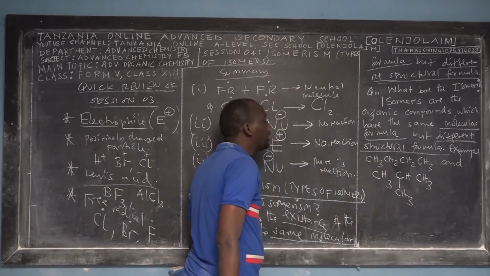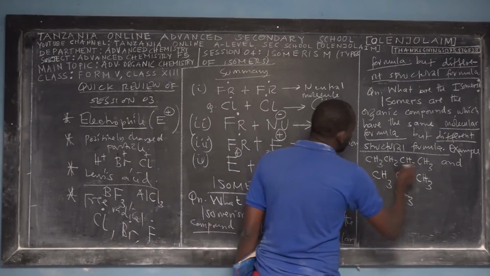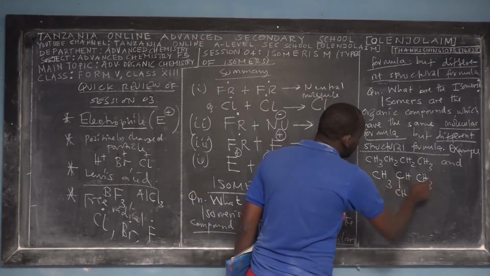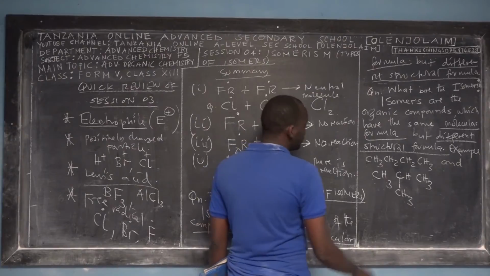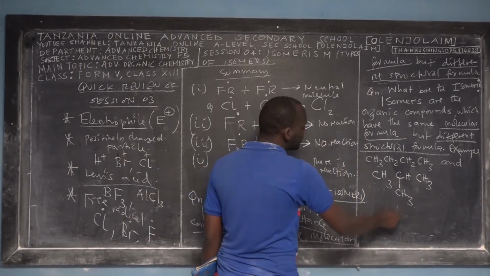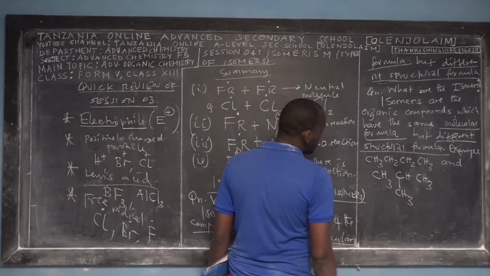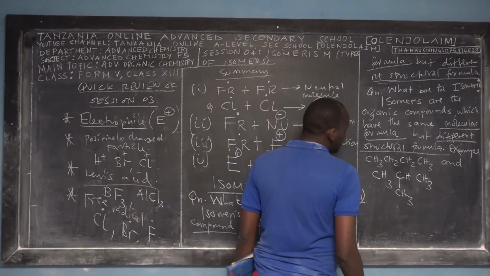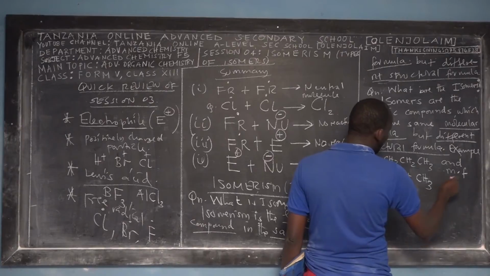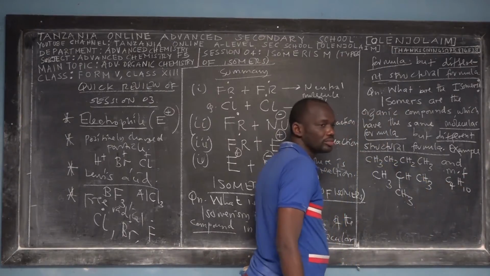Same molecular formula, but different structural formula. Listen, this one is an open chain, while this one has a substituted group. So why do we say it's the same molecular formula? The molecular formula of the first compound contains 4 carbons and 10 hydrogens.